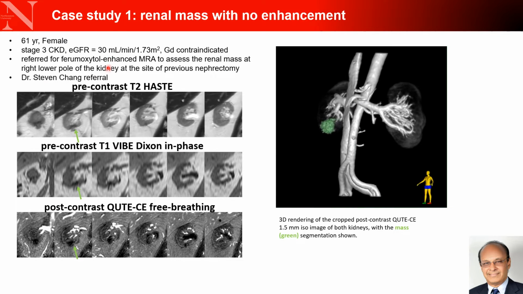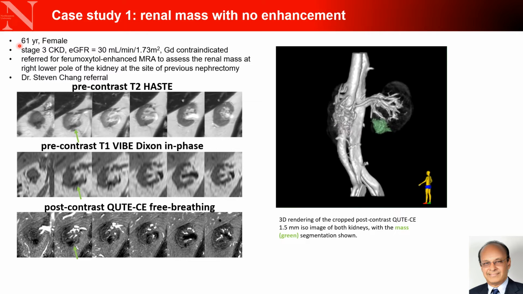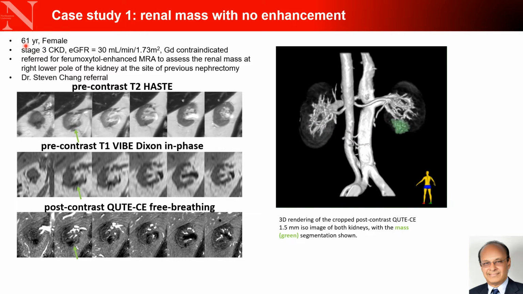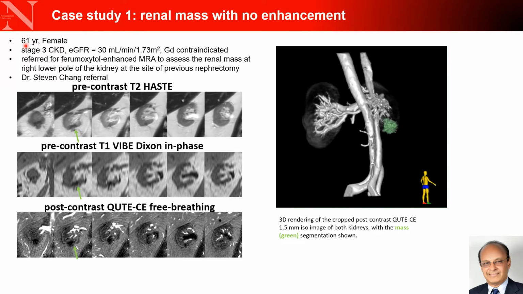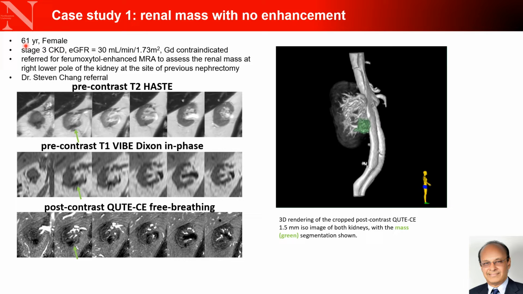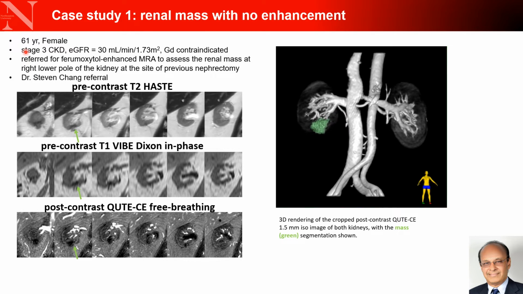Here I present a case study of a 61-year-old female with stage 3 CKD, an eGFR of 30, and therefore contraindicated for gadolinium scanning. She was referred to us by Dr. Stephen Chang, head of urological surgery at Brigham and Women's Hospital, for ferumoxytol enhanced MRA to assess the renal mass observed at the lower pole of the kidney at the site of a previous nephrectomy.